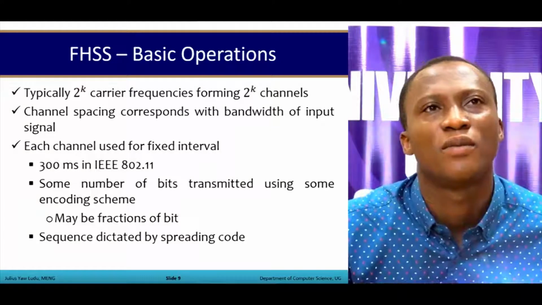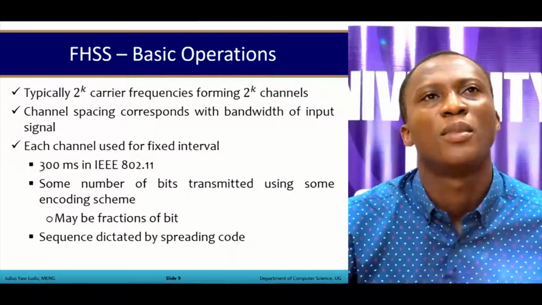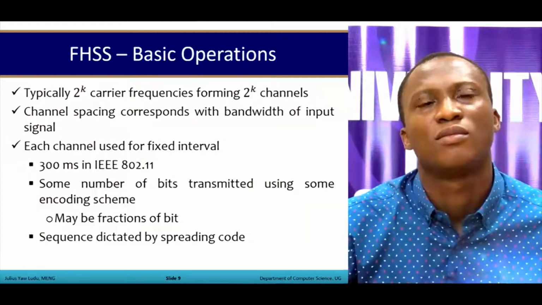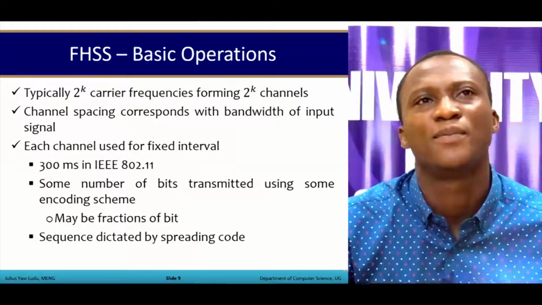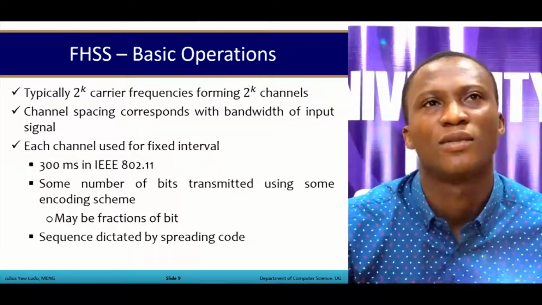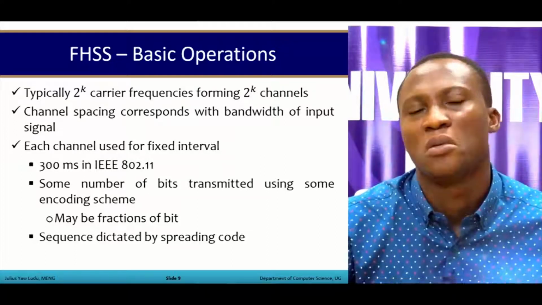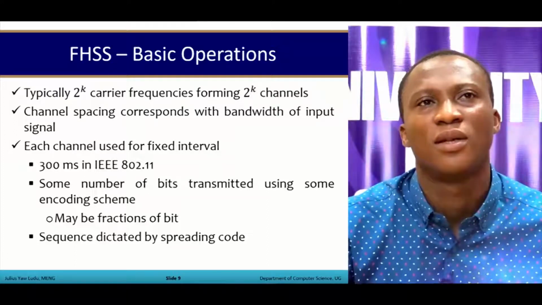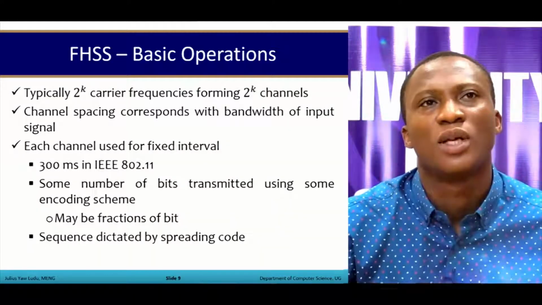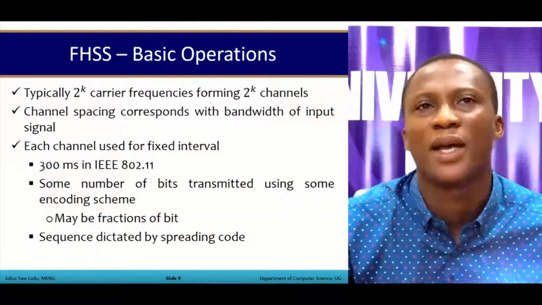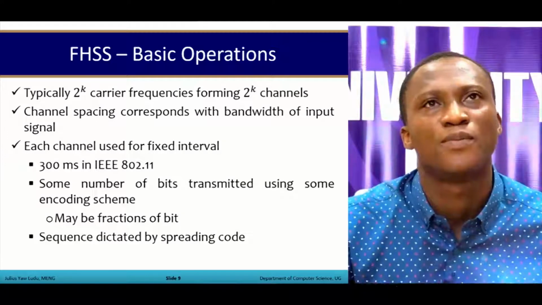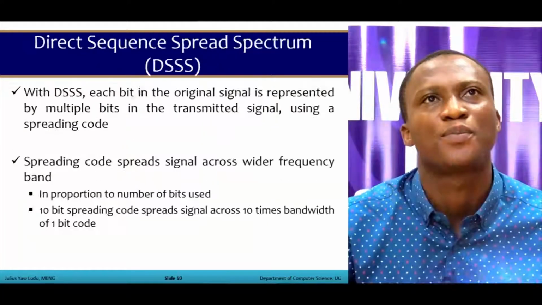We have 300 milliseconds by the IEEE standard for wireless, and some number of bits transmitted using some encoding scheme. It may be a fraction of a bit that can be used. The sequence is dictated by the spreading code, as we saw earlier on.